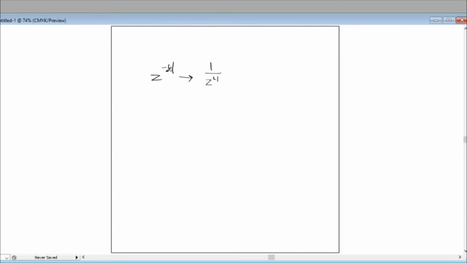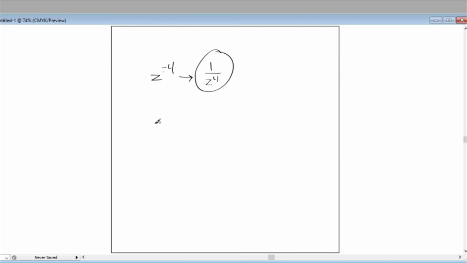That's it. This negative just means put this thing under 1. It does not mean anything else, and I'm not even going to say the thing that most people make the mistake of doing, because I don't want you to make that mistake as well. So if you see something to the negative power, it just means put it underneath 1.